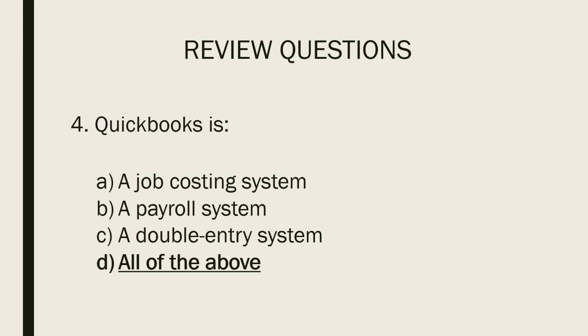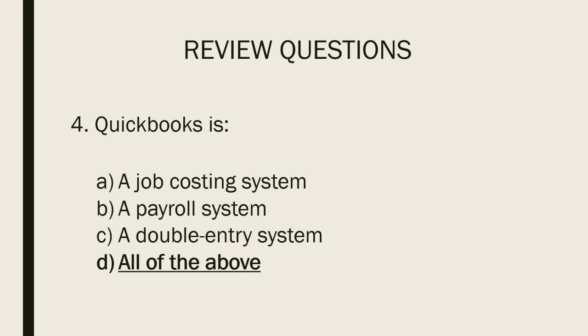We'll talk about job costing more in chapter 2 and chapter 9. What job costing does is when you have specific jobs where you make purchases for specific customers, that is what job costing does. Payroll system, we will talk about that in chapters 10 and 11 on how to set up payroll and how to pay your employees. So yes, it is a payroll system.